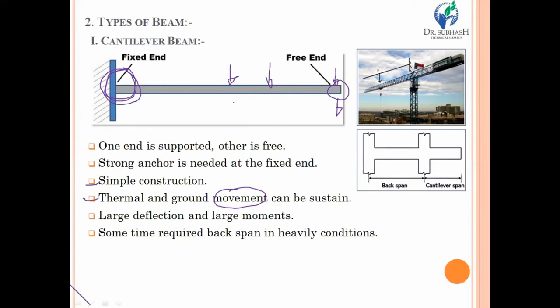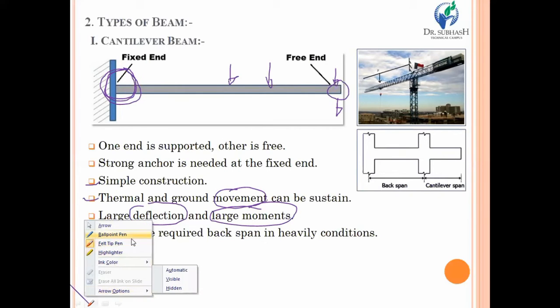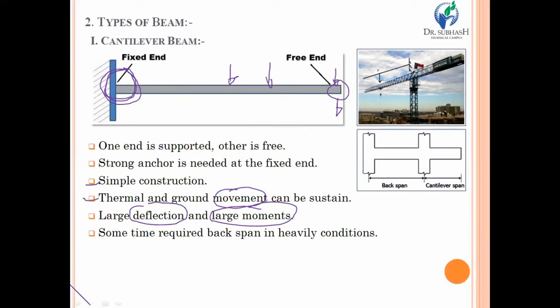Due to large force and moment, it is possible that deflection and moment will be produced with a large magnitude. This is because the other end of this beam is free, and if force is applied over here or over the entire span of the beam, the deflection due to large force will be large. Ultimately, there will be no reaction at the other end because it is free, so large deflection is possible.